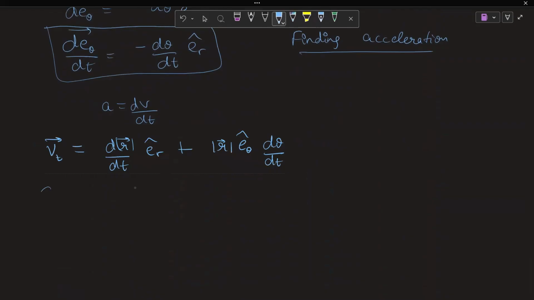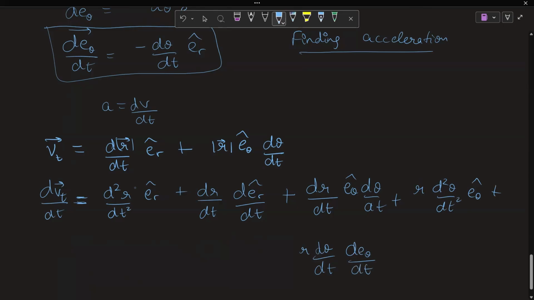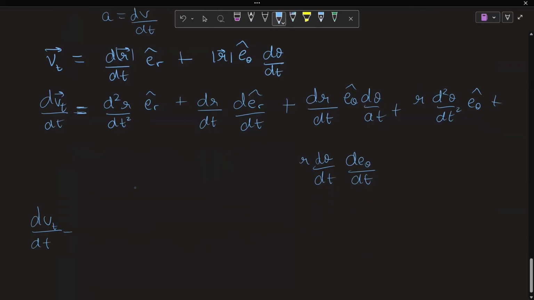So differentiating this with respect to time, dv by dt is equal to d2r by dt square E_r cap plus dr by dt into dE_r by dt, plus dr by dt E theta cap d theta by dt, plus r into d2 theta by dt square E theta cap, plus the last term r d theta by dt dE theta by dt.